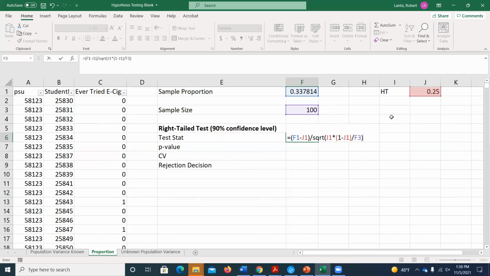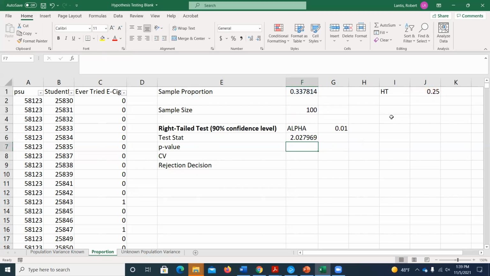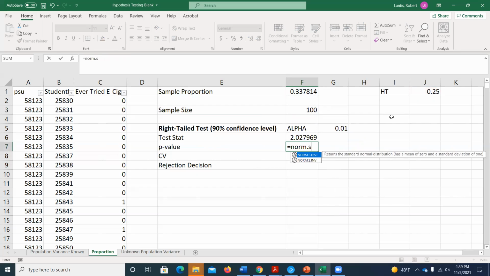So once I come up with this test statistic, right, I'm going to have a Z value. I know how many standard deviations away from that assumed true proportion my sample was. So if I was using t.dist before, proportions are always examples where we use the standard normal. So instead of t.dist, I'm going to use norm.s.dist, right?